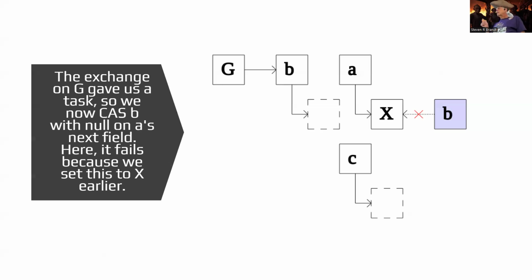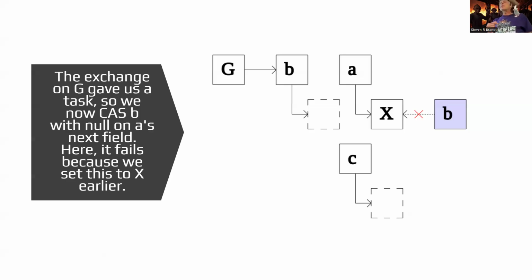If that task is done, then I can run. If that task isn't done, then whatever thread is running A is going to have the responsibility of running my task. So B, in A's next field, is just making sure that A is already done.